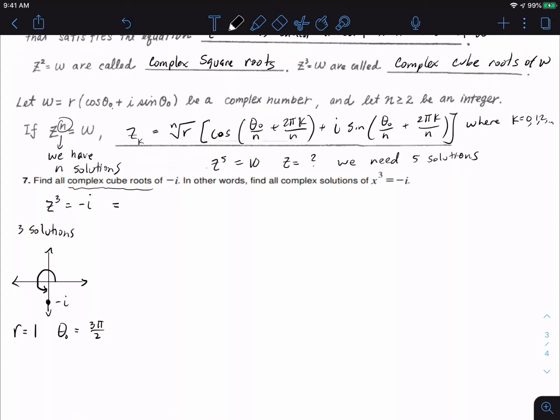So the radius is 1, right? So I'm going to take the third root of 1 times cosine of 3 pi over 2 plus i sine 3 pi over 2, right?